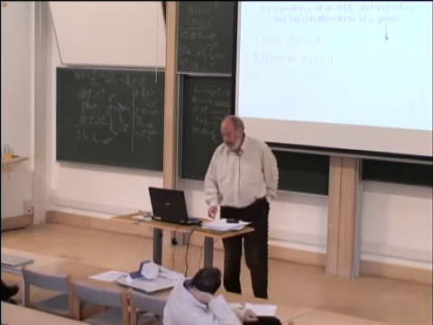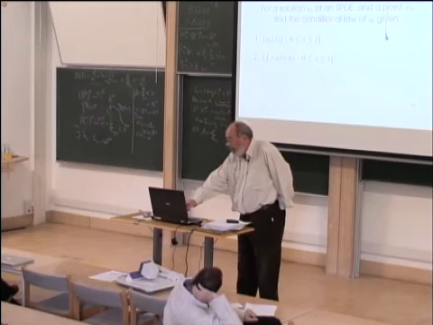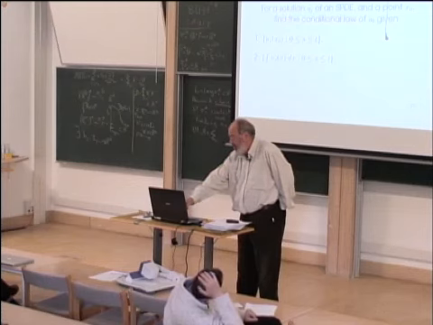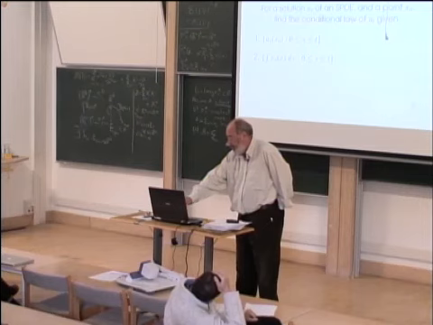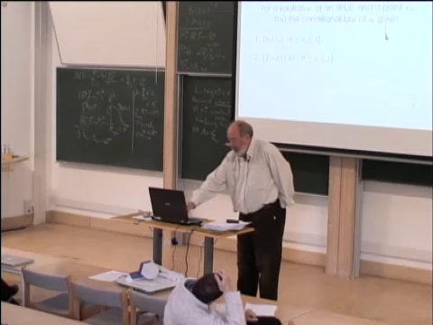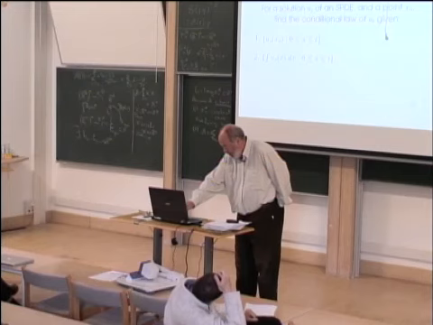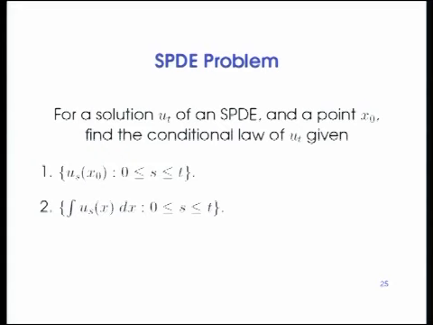And I'll consider the second example. One obvious question with an SPDE might be, if you know the one-point motion of a solution, how can you estimate the full lot? Rather easier, in the one I'll do, will be if you know the integral of the solution. So I'm assuming that this will be given.